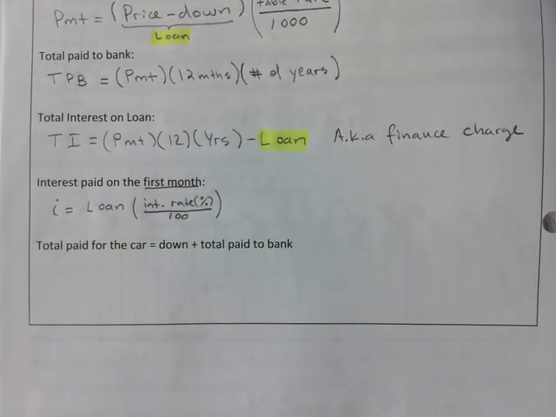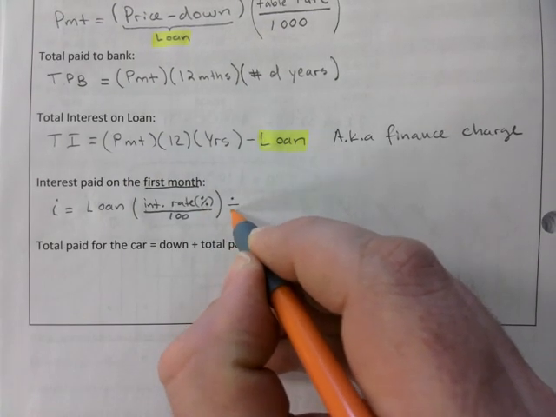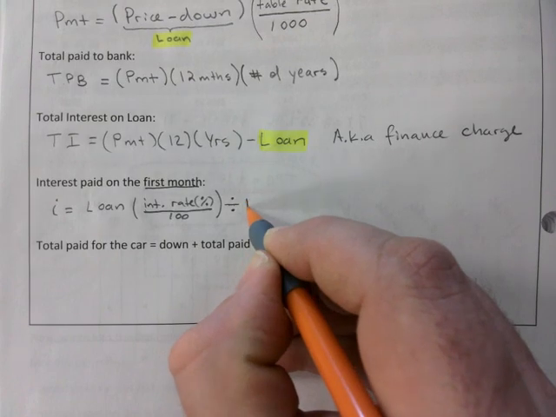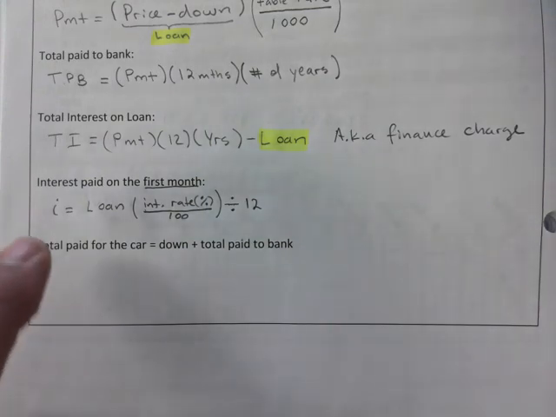And if you just kept it like that, that would be for the whole year. But if you just want it for the first month, you need to divide it by 12. That's how you get the interest for the first month.